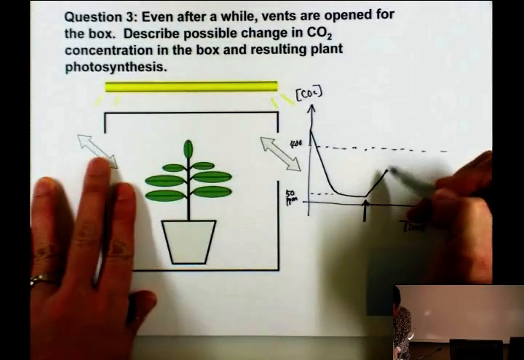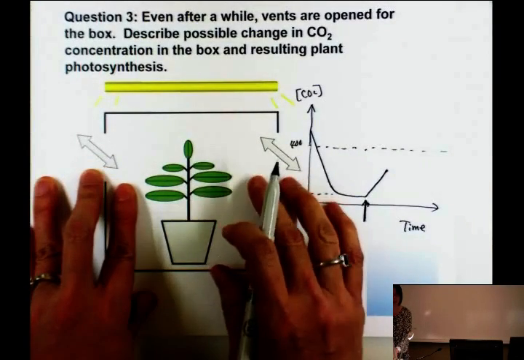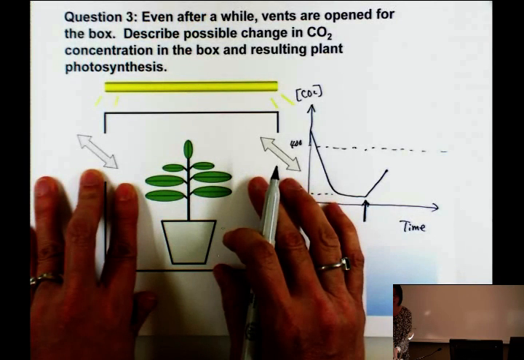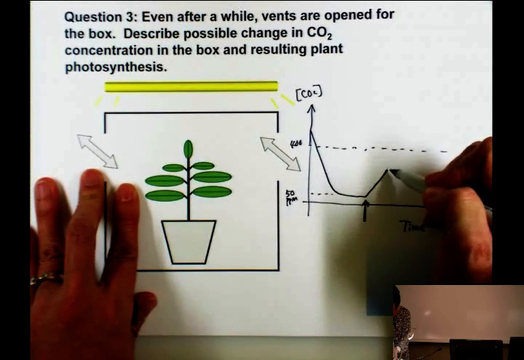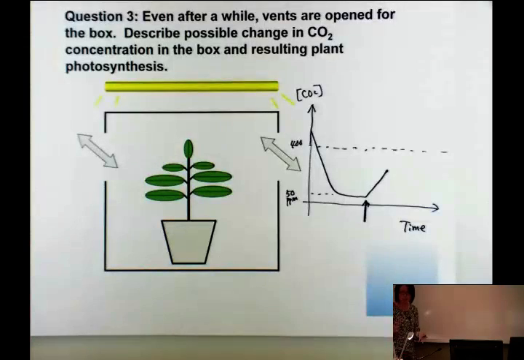Okay, so think about a lot of ventilation going on and small ventilation going on. If there is a lot of ventilation going on, would that change the stabilization level? The amount of ventilation?